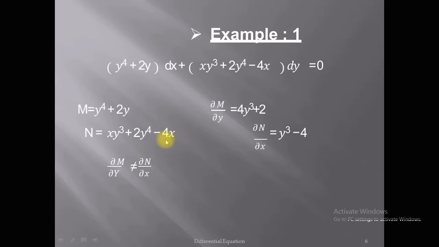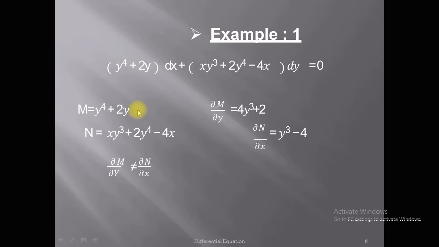Now take the partial derivative of the N function with respect to x. The derivative of xy^3 with respect to x is y^3, minus the derivative of 2y^4 with respect to x, which is 0, since y is treated as a constant, and the derivative of 4x is 4. So the partial derivative of N with respect to x is y^3 - 4.